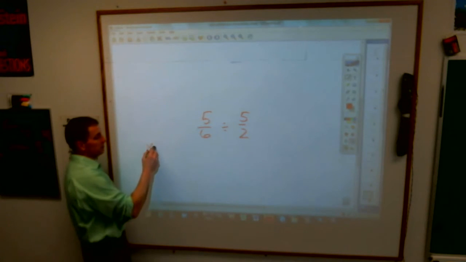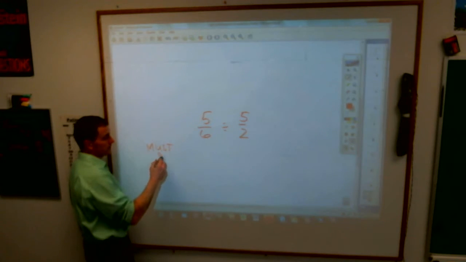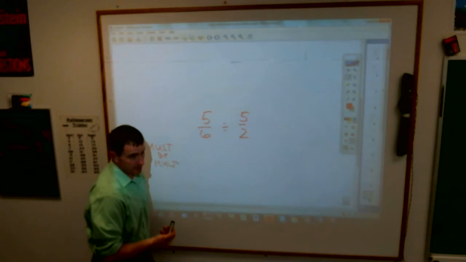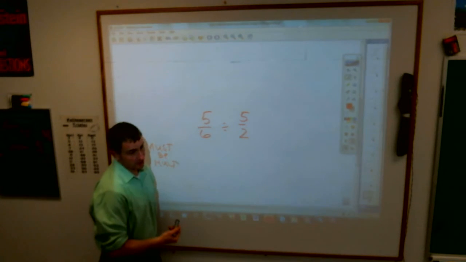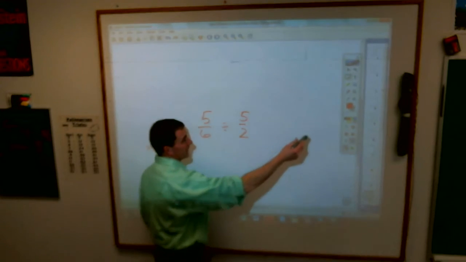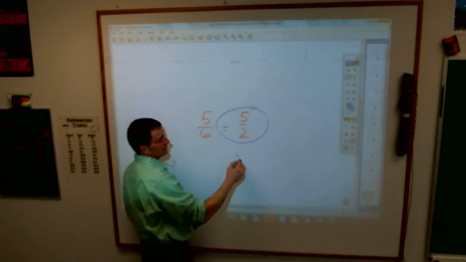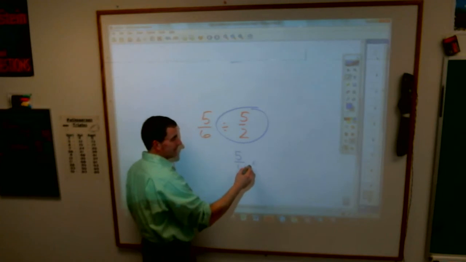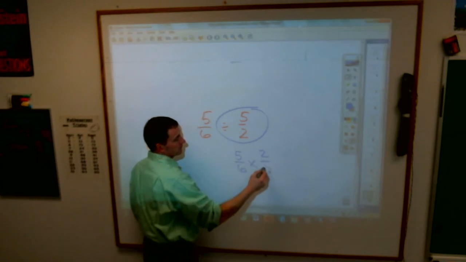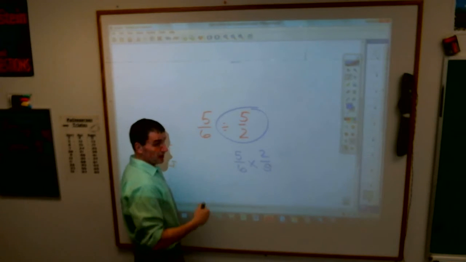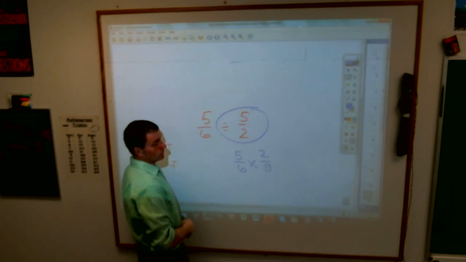It must be multiplication. But what you realize is, how do we do division problems? We change them into multiplication problems. You take the second fraction, what do you do with it? You flip it and you multiply it. So this becomes 5/6 times 2/5. And once it becomes a multiplication problem, then what cross cancels?